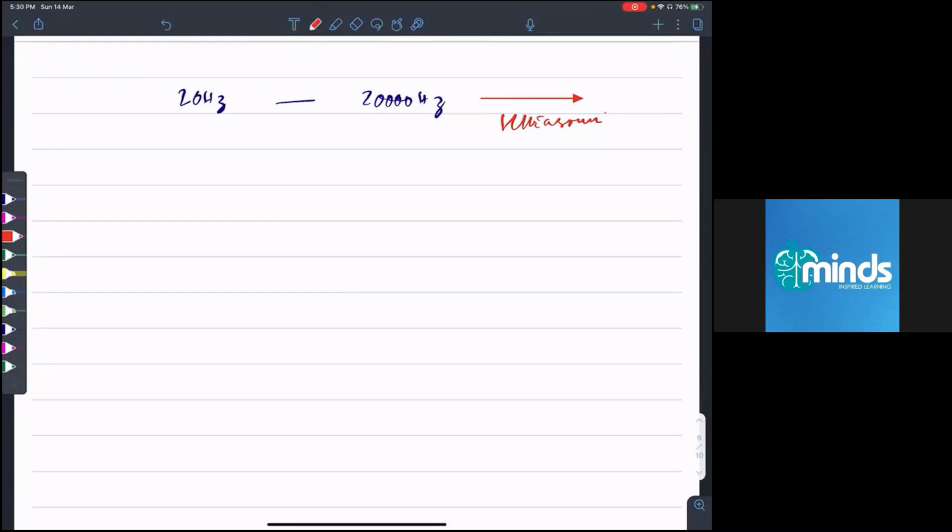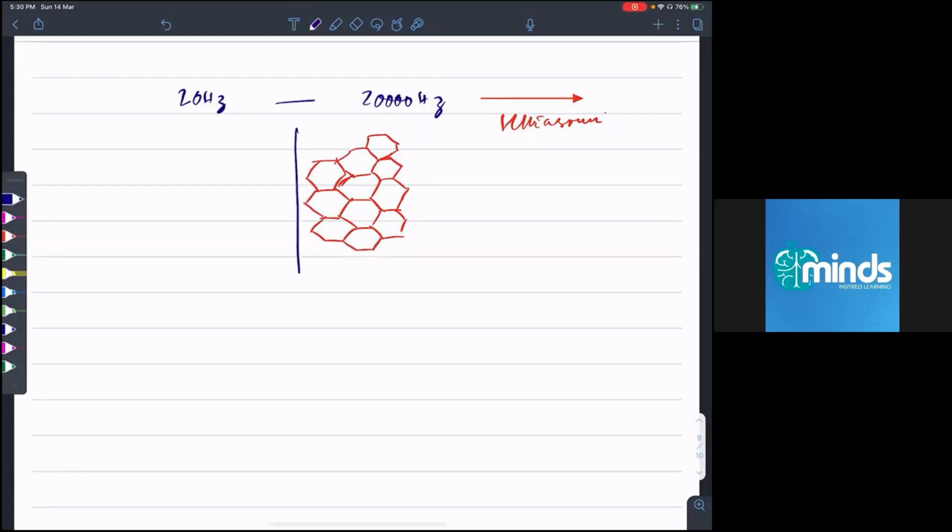For example, let's say, okay, this is just a rough sketch. Let's say we have quartz crystal, that is silicon dioxide. It is something like this. It's a piezoelectric material. Why?